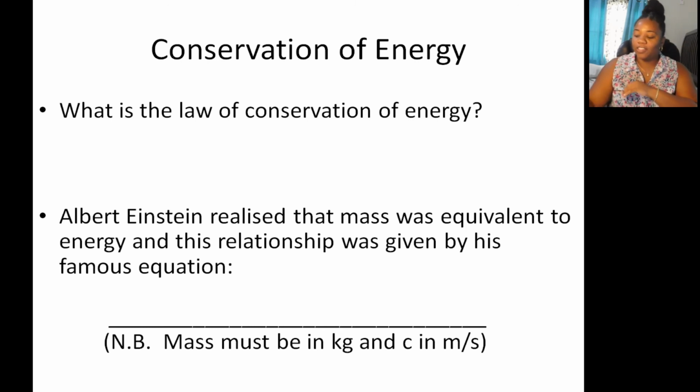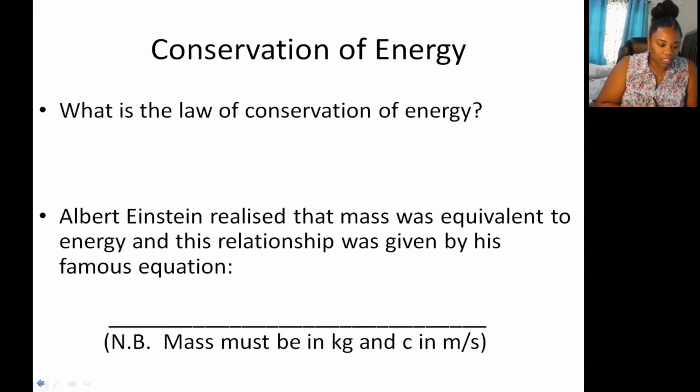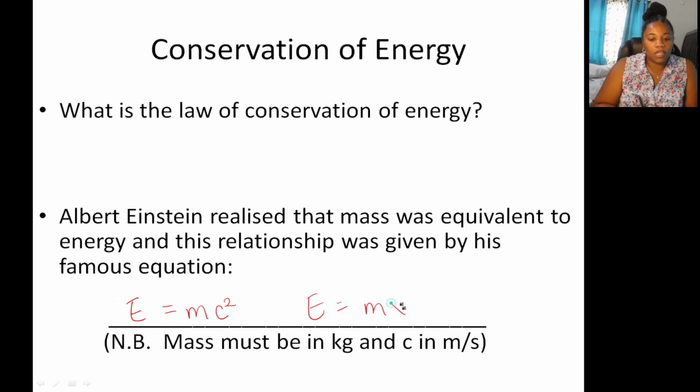Do you know what that is? Does it start with E? Yes, it does. It starts with E equal to mc squared. And that translates to E equals m times c times c.